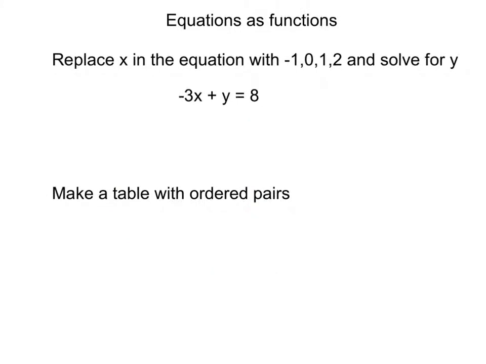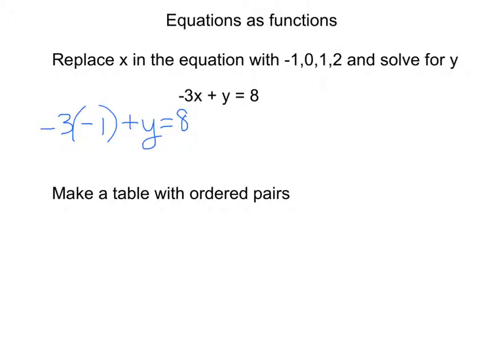We can also determine if an equation is a function by replacing the x value with -1, 0, 1, 2, and then solving for y. So if we look at this example here, we have -3x plus y equals 8. So if we replace the x with -1, we have -3 times -1 plus the y equals 8.